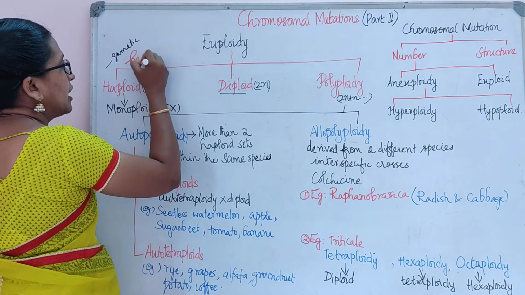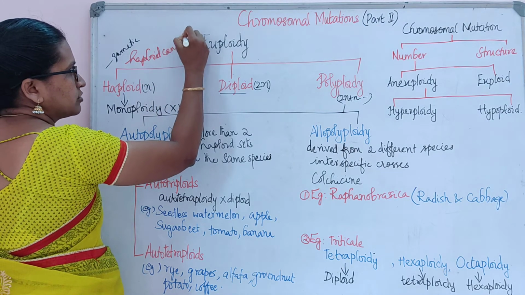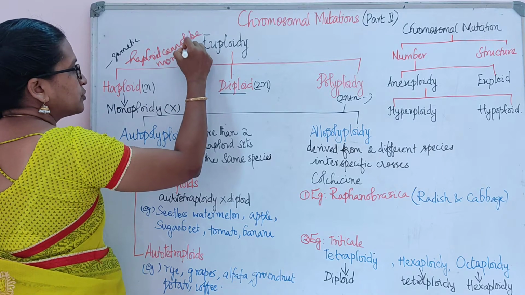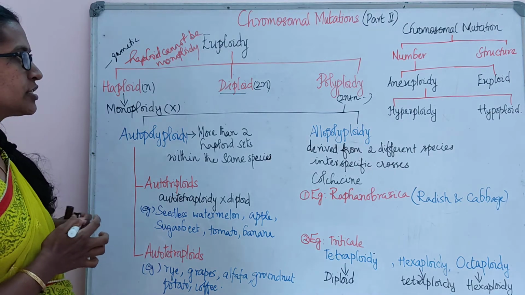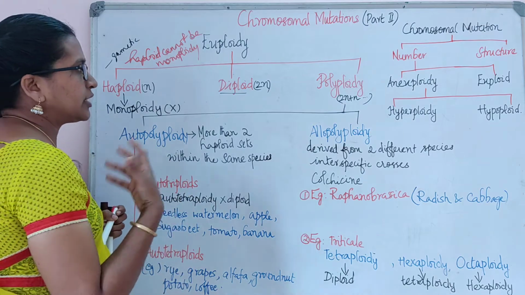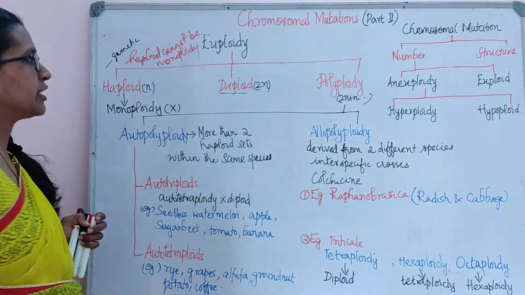This is the major difference here. Okay, right, now it is clear. Diploid is the normal somatic growth number of the chromosomes, and haploid is gametic formation.